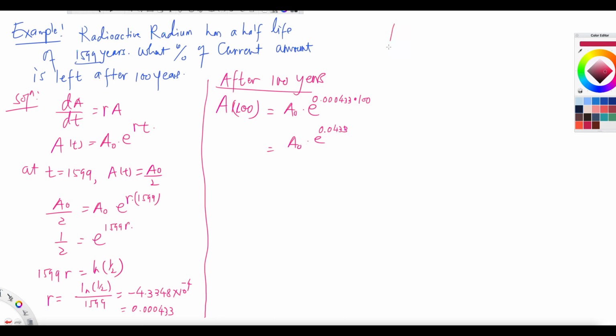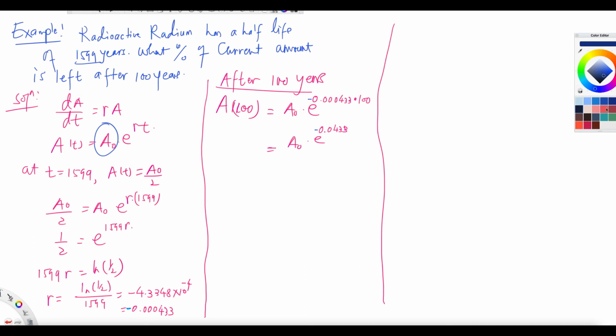So what percentage is left then? The question is asking what percent of the current amount, because A0 is the current value. By the way, this will be negative, I cannot forget that, negative of 0.000433. So what will be the amount after 100 years?